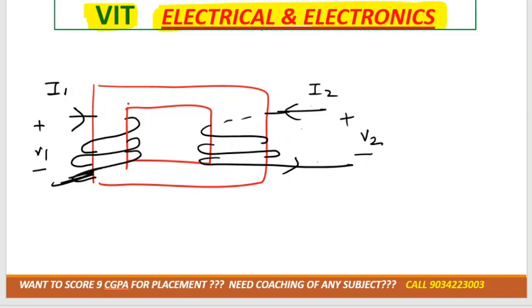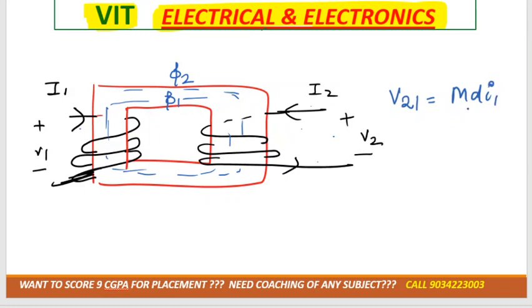Okay, so basically I1 will have flux phi1, and I2 will have flux phi2. Voltage across secondary winding due to the primary winding is M21, that is M into di1 by dt. Similarly, voltage at primary winding due to secondary winding is M into di2 by dt.